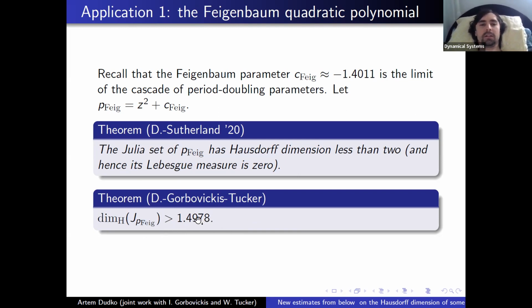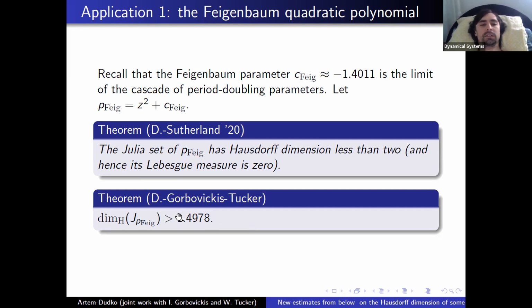But that's the best we could get so far, which is already quite strong because the previously known best lower bound for quadratic Julia sets was 4/3. So it was known that there exist real quadratic Julia sets with Hausdorff dimension greater than 4/3.